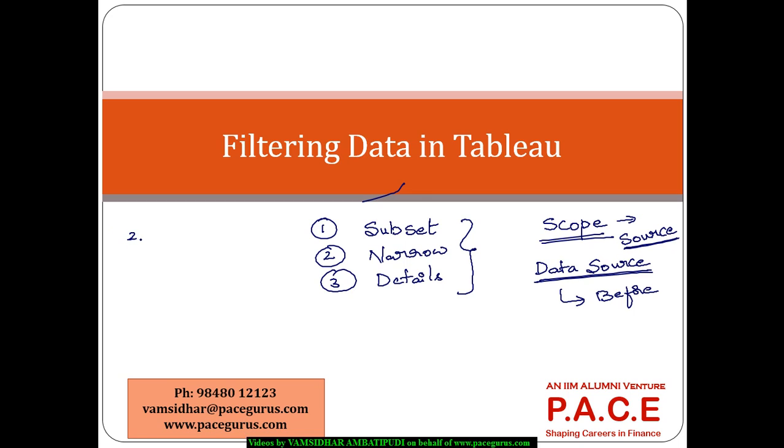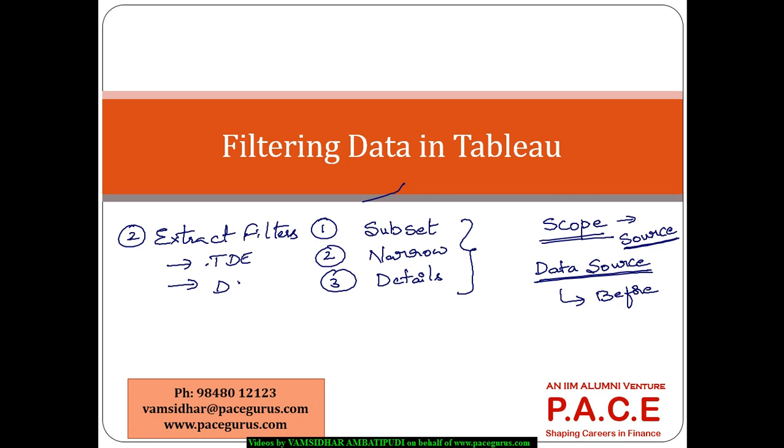Then the other set of filters that I have are extract filters. Once I have extracted the data from the data source to a TDE file, instead of pulling all the data into the extract, we are pulling only a subset of the data.